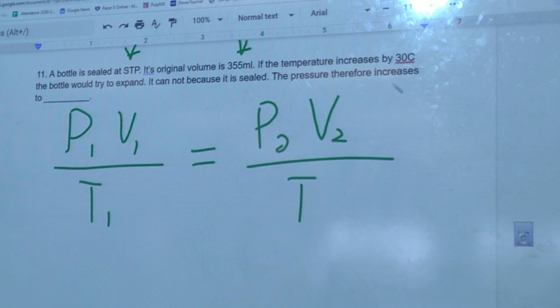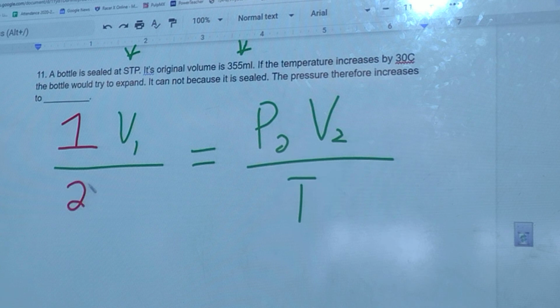Okay, I'm going to use atmospheres because that's what we always default to. You get some Christmas colors on here. Boom. 1, at standard temperature and pressure. The standard temperature is going to be 273. There we go. 1 and 273. If the temperature increases by 30 Celsius, that takes us up to 303. That's a little bit tricky.